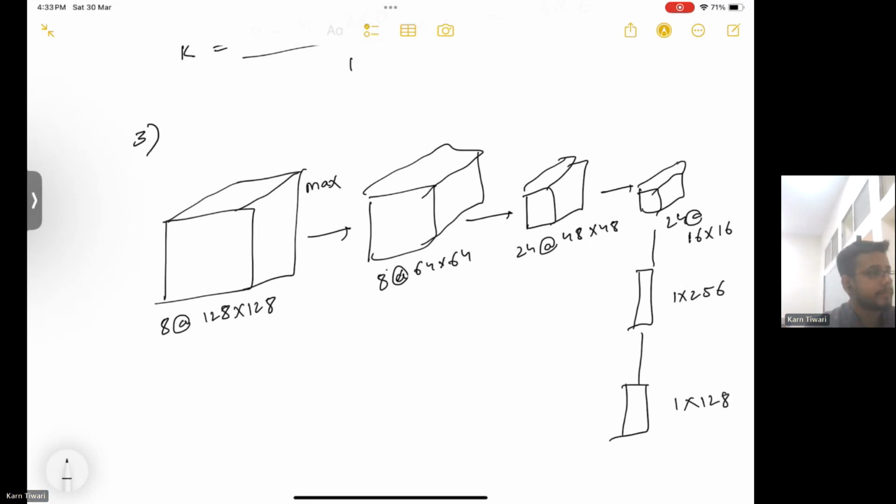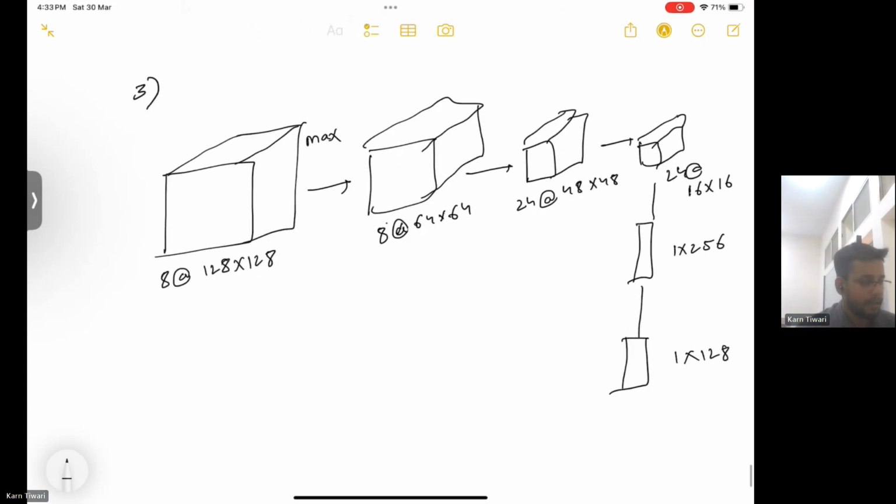What's the dimension of the individual filter in the initial layer? So from 128 cross 128, we got into 64 cross 64. So question 3. The 8 is the channel dimension, and the stride is one for all the operations.